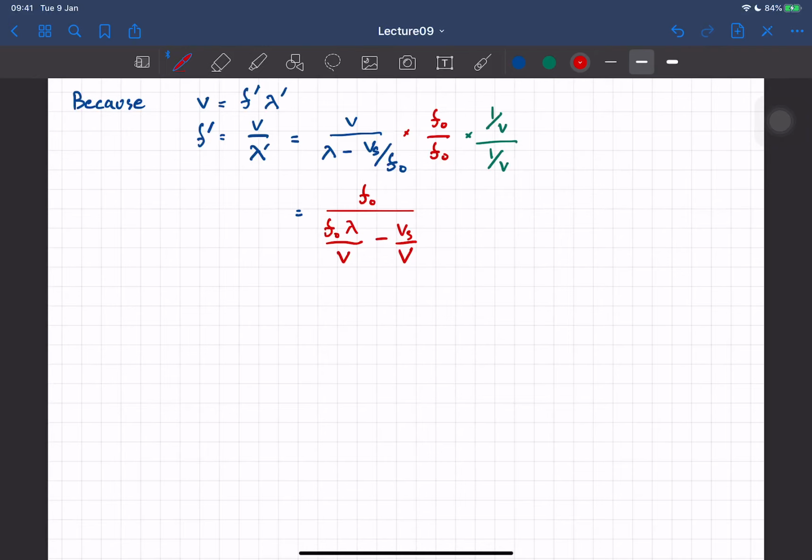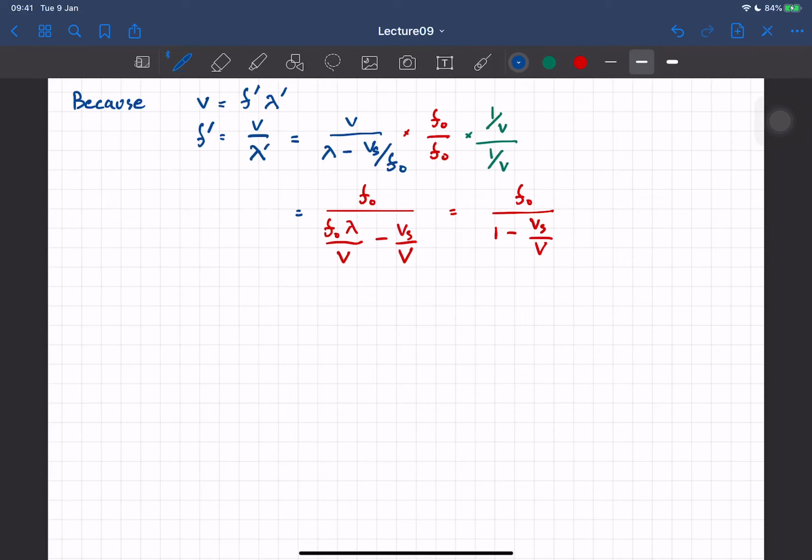It might be a little complicated because of all the 1 over, divided by 1 over, but just try to confirm that this is true. And because V equals f lambda, this factor is actually just 1.